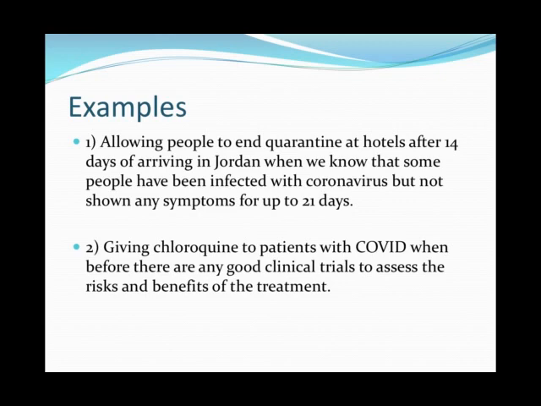This is actually how it was before, but now we're doing it less because there are more good trials and they're showing that maybe there are more risks involved. So this one is a decision made under uncertainty because there's no good evidence. Like we really don't know.